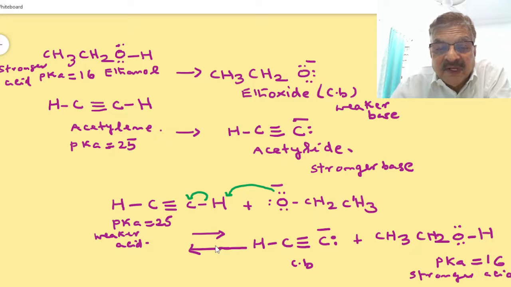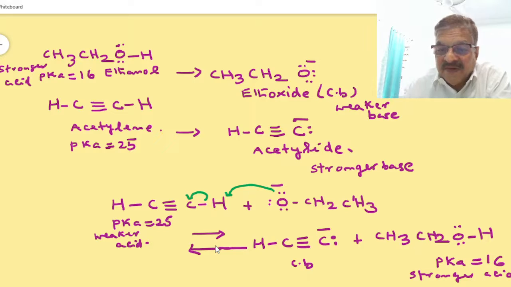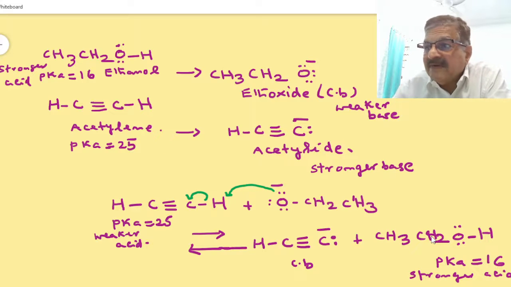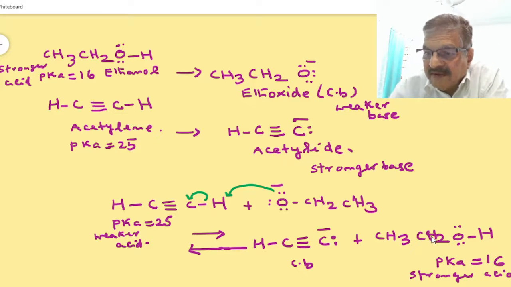And the products formed here are acetylide anion, the conjugate base of acetylene, and then we are getting ethanol. So the equilibrium favors the starting material here.